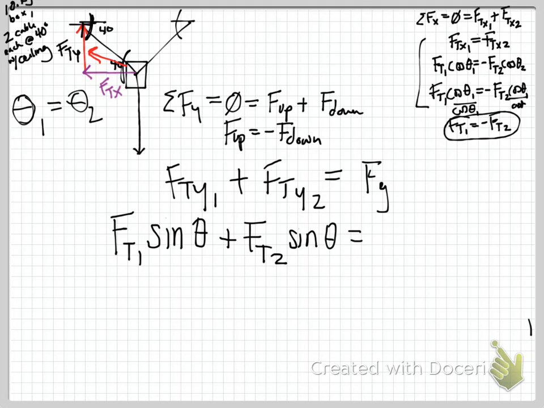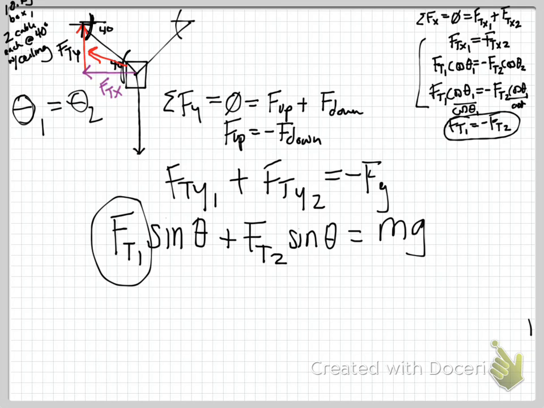Well, what's... And I forgot to put in the negative of F of g. That was my fault. Okay, so force of tension 1 times sine theta plus force of tension 2 times sine theta equals negative force of gravity, which is equal to what? Mass gravity, mg. Okay. We are solving for force of tension. So we have a little bit of algebra to do.